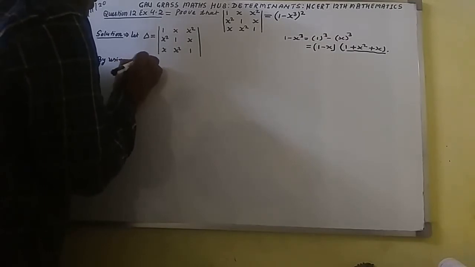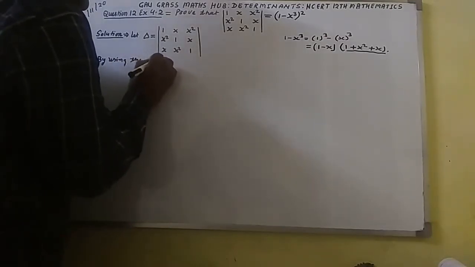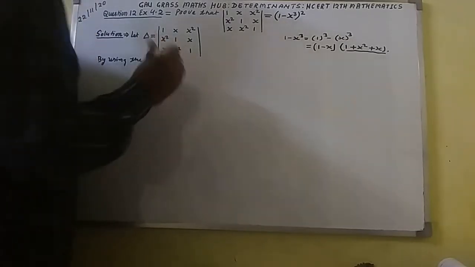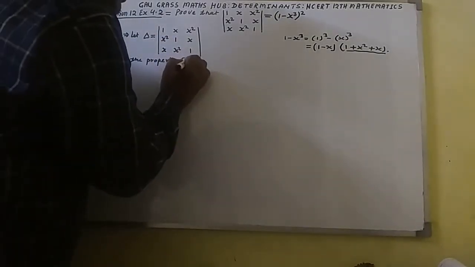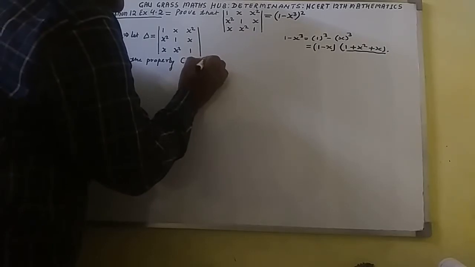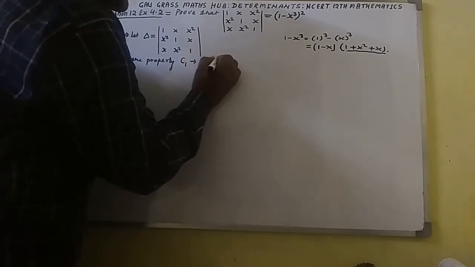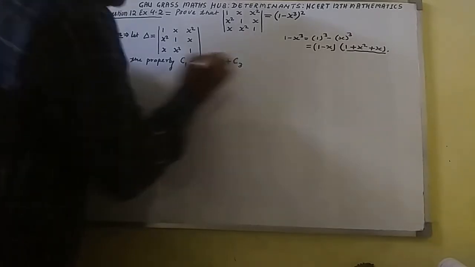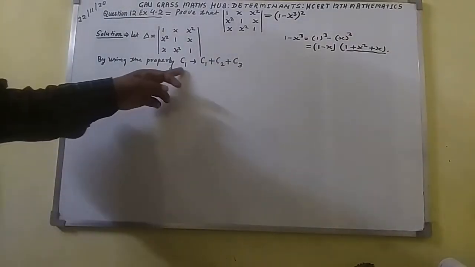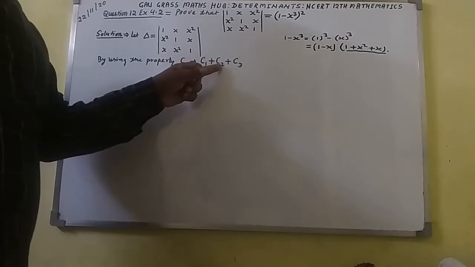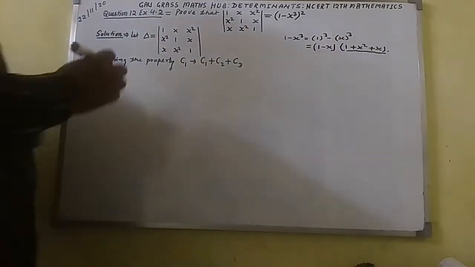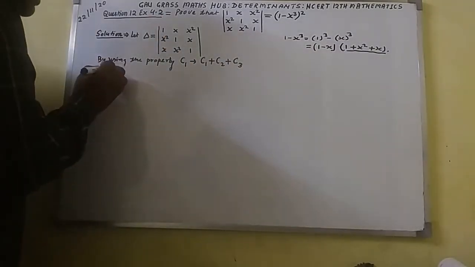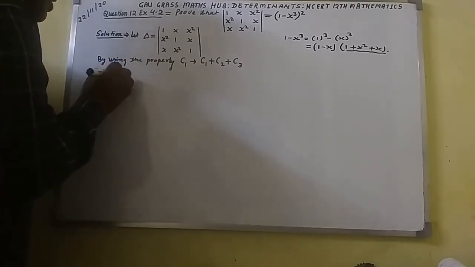Using the property C1 goes to C1 plus C2 plus C3. This property I shall use. So here delta will become delta equal to, C1 goes to C1 plus C2 plus C3.